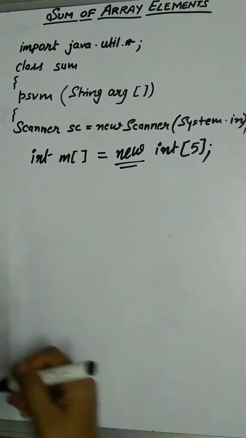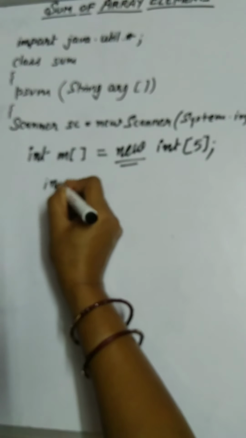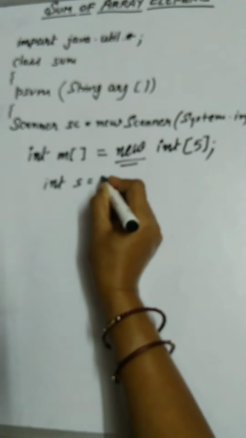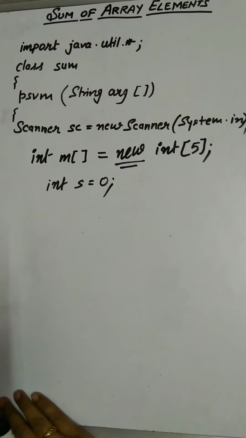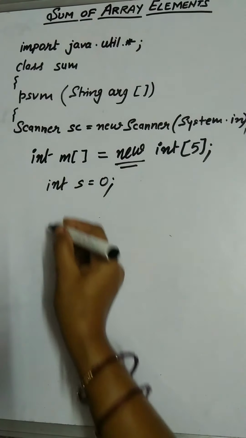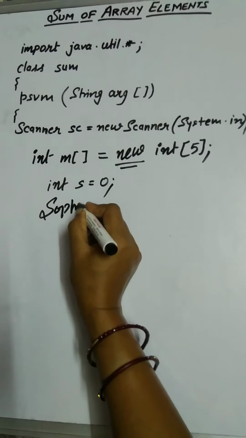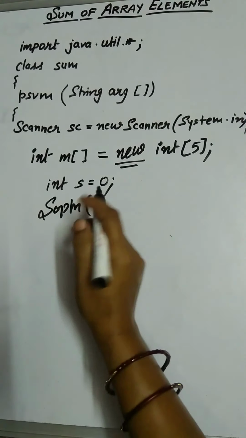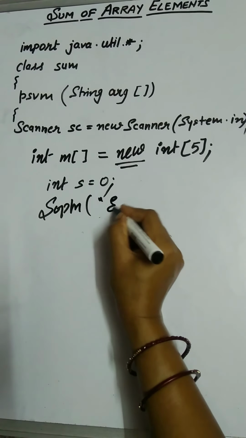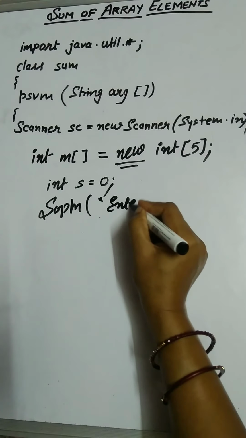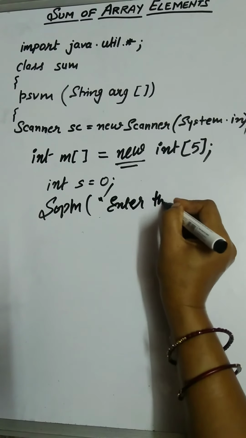Next, after creating it, we need one more variable to store the sum. So here I am taking int s = 0. Clear? After this, we print a message with SOPLN: "Enter the numbers".